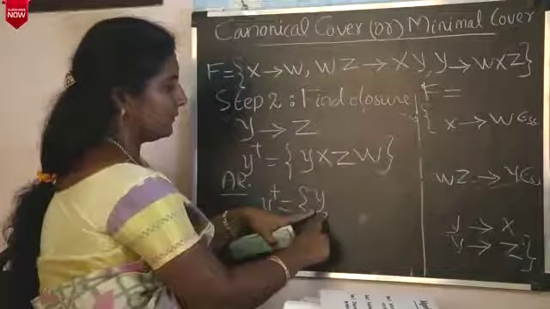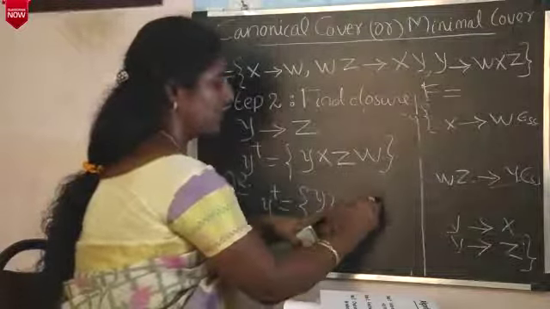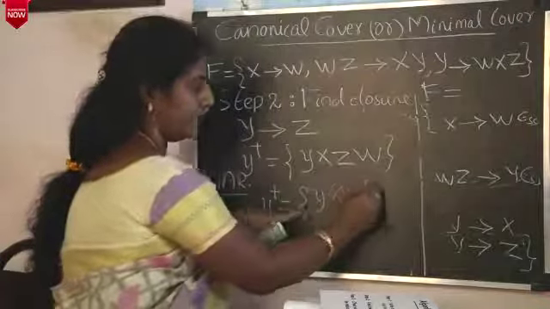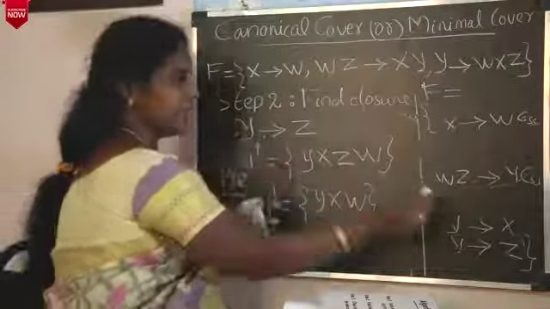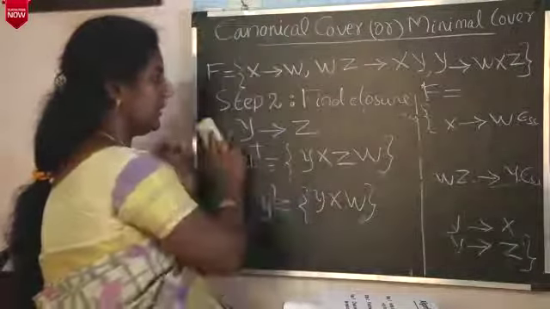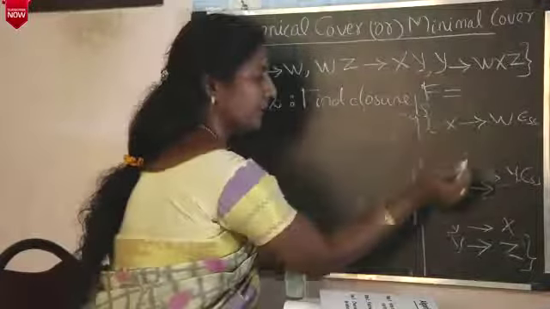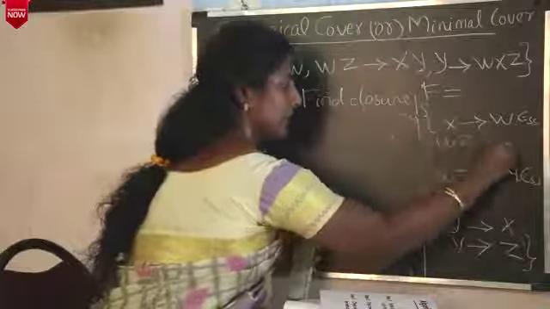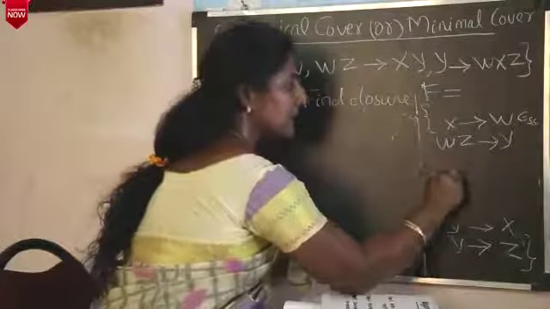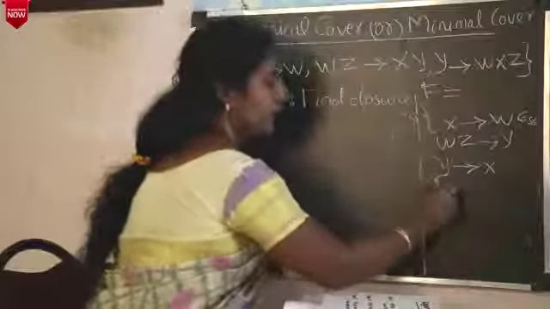Y determines itself, y determines x, x determines w, and these two are not the same. So we know that this is an essential functional dependency. So what is the minimal set now you have? X determines w, wz determines y, y determines x, and y determines z.